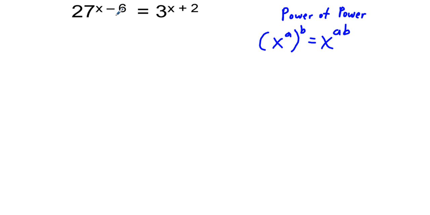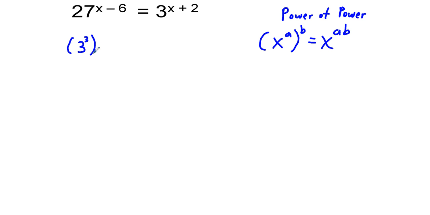What we're going to look for here is a common base. On the right side we have a base of 3. On the left side, can we rewrite this 27 as a power of 3? Well, we should be able to understand that 3 to the power of 3 is 27.